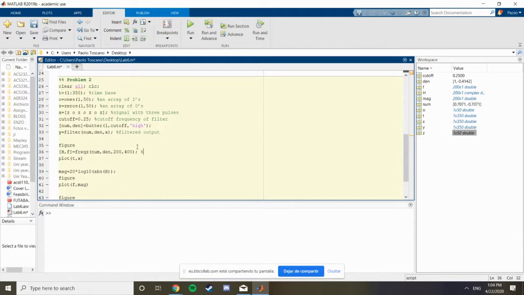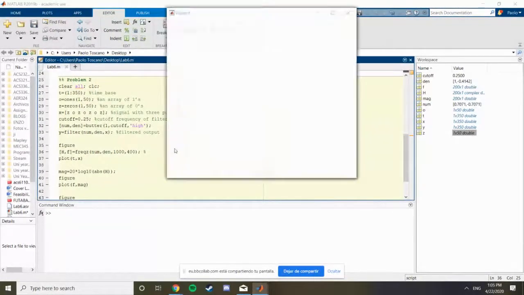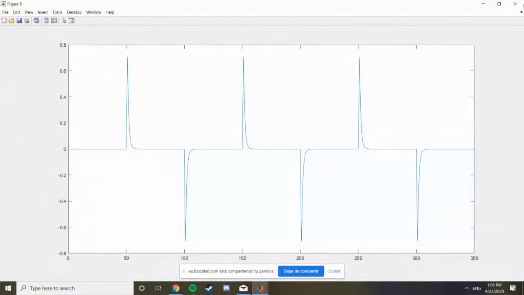So maybe it's better to increase the resolution to 600 or 800, to have 3-4 points per hertz. I'll go for 1000, for example, to improve the resolution. If you go 1000, it's going to be from 0 to 200 using 1000 samples, so every 0.2 hertz you are going to have one sample.